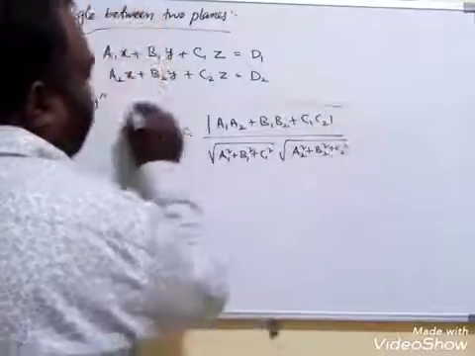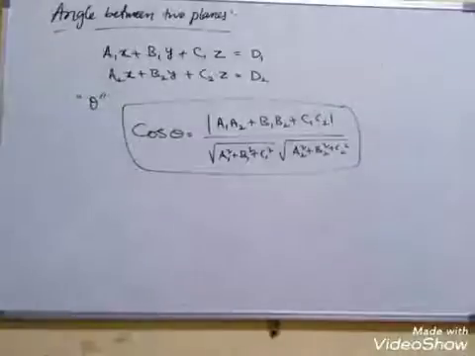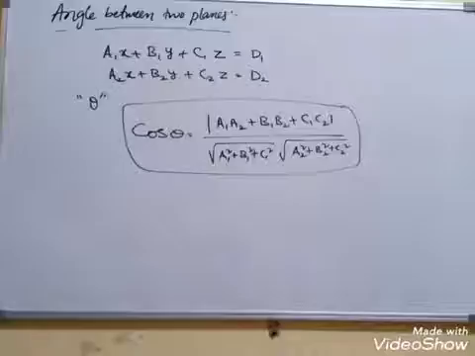This is the Cartesian form. Why? Because they may ask you to find the angle in vector form, otherwise in Cartesian form. That's why you should be familiar with both formulas.